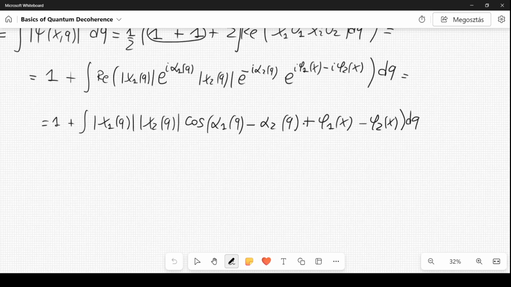Not necessarily, because if, for example, this phase difference is just 0, then we can take this cosine outside of the integral, and then we have to sum over all these magnitudes. But of course, the sum of the magnitudes will never be 0.